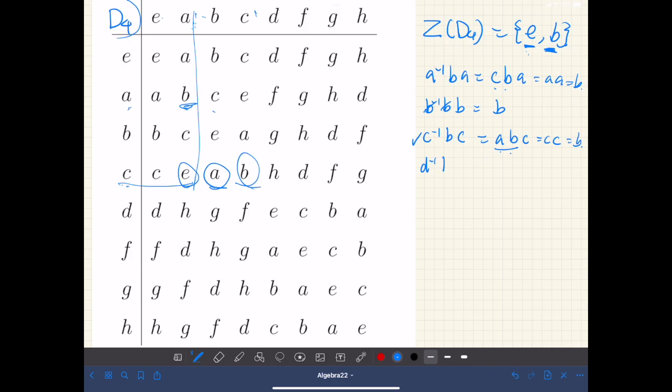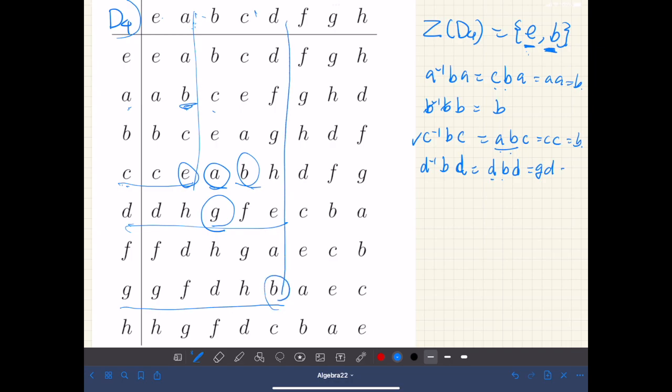And D inverse B D. D inverse is D. So DB is G, and GD is B. So this is okay.